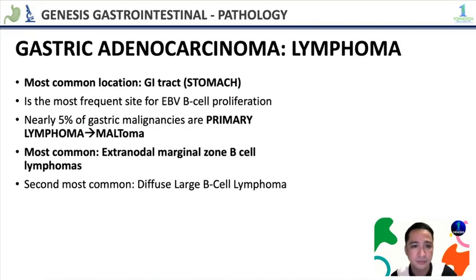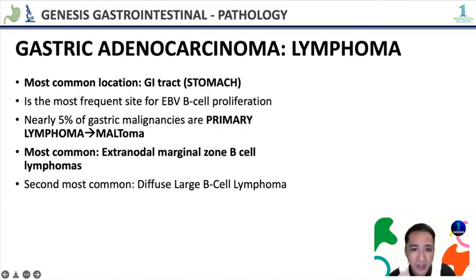The most common location of lymphoma is the GI tract. That is according to Robbins. Most frequently, it is associated with Epstein-Barr virus B cell proliferation, and nearly 5% of the gastric malignancies are primary lymphomas that can manifest with mucosa-associated lymphoma.